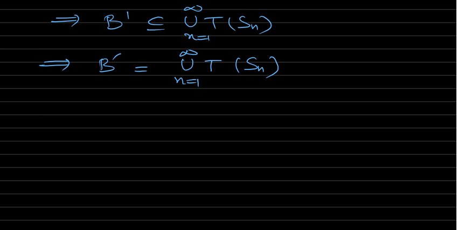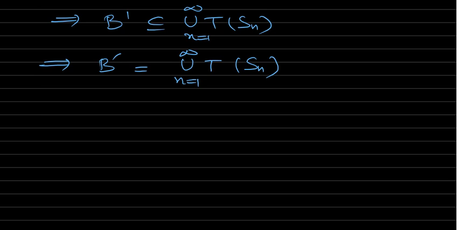Now this B prime is a Banach space, so it cannot be written as a countable union of nowhere dense sets. Here it is a countable union of the sets T of Sn: T of S1, T of S2, T of S3, countably many sets, and B prime is the union of such sets. So at least one of them is not nowhere dense.